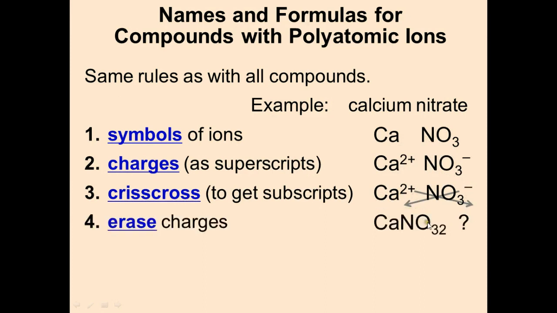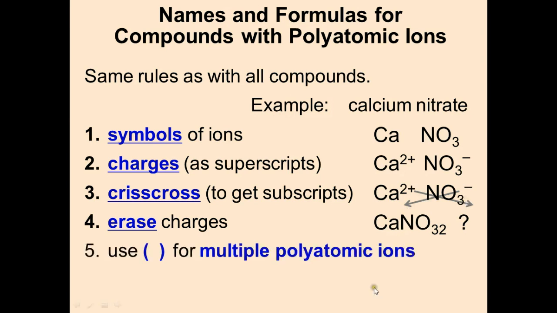But the only difference is when you crisscross the charge to a polyatomic ion, if you don't do anything, it'll look like 32. See how this 2 you just put next to the 3, and so it'll look like the 32. So the only difference is you have to use parentheses for multiple polyatomic ions.